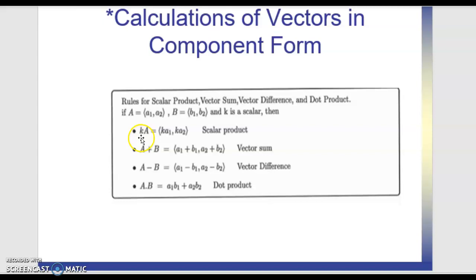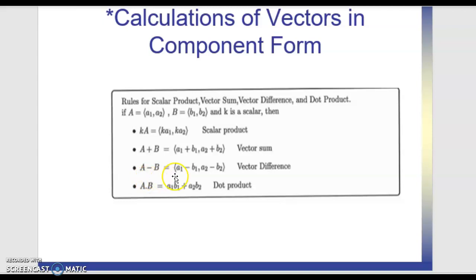We also see that we simply distribute to both numbers inside the parentheses if we have to multiply it by a scalar amount, by some number. We have formulas also for adding and subtracting. To add, we add the first components of both vectors and then add the second component of both vectors.